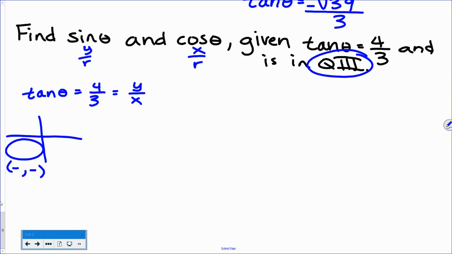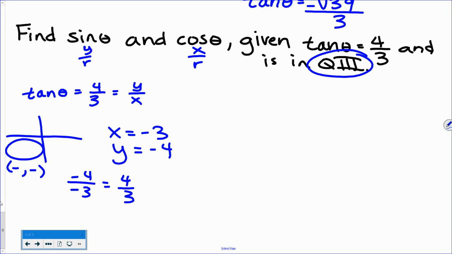You'll probably do the whole problem correct, but it's going to say you're wrong in Math Excel because you do not have the positive or the negative technically correct. So my x coordinate is actually -3, and my y coordinate is actually -4. But when I write -4 over -3 for tangent, I never write it like that. I leave that as 4 over 3.